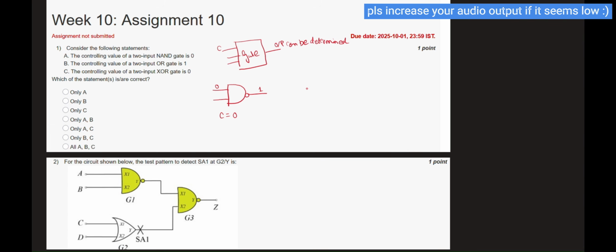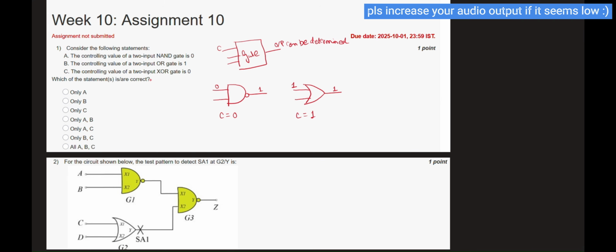And let's see for a 2 input OR gate, what will be the controlling value? As you can see, in case of OR gate, if any of the inputs becomes 1, irrespective of the values at the other pins, I can clearly say that the output will become 1. Therefore, the controlling value for OR gate will be 1.